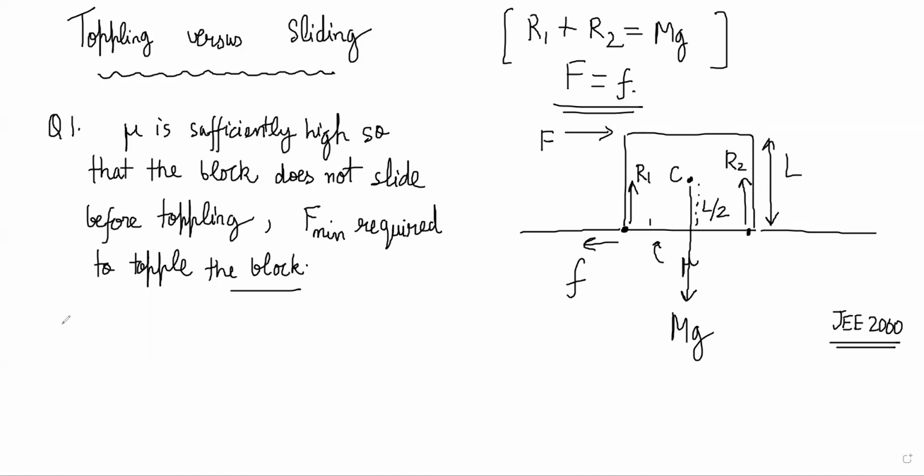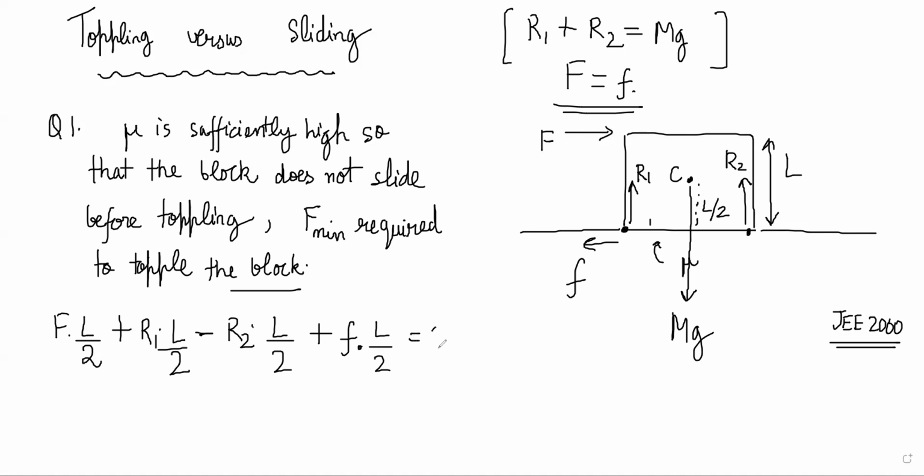So we'll say the torque would be calculated as F times L by 2 plus R1 times L by 2 minus R2 times L by 2 plus small f times L by 2 is equal to 0. This is the torque balancing equation according to our diagram currently, right?